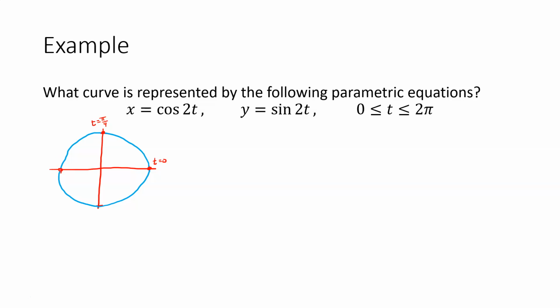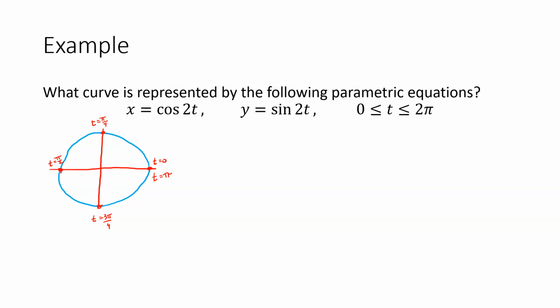And then at t equals pi over 2 is when it's going to wind up here at the point negative 1, 0. And then here at t equals 3 pi over 4, it winds up here at the point 0, negative 1. And then back to 1, 0 at t equals pi. So that's only halfway around.